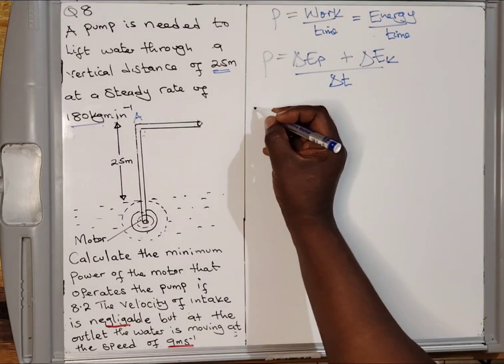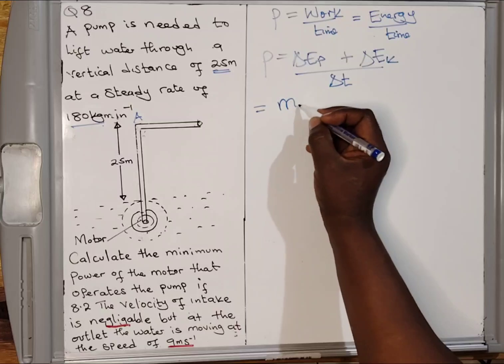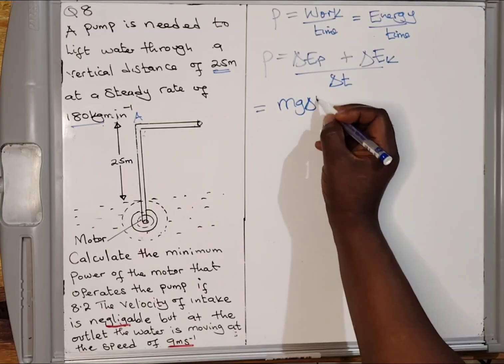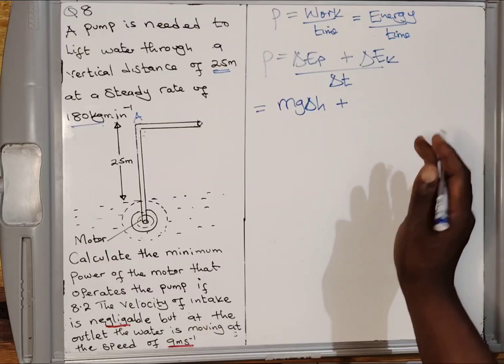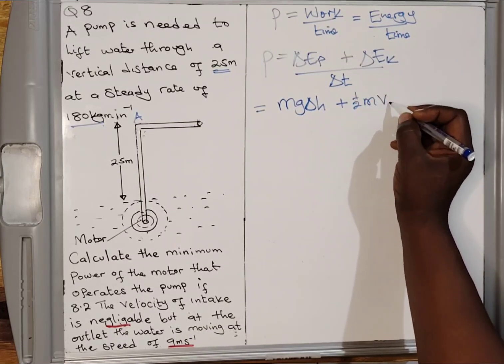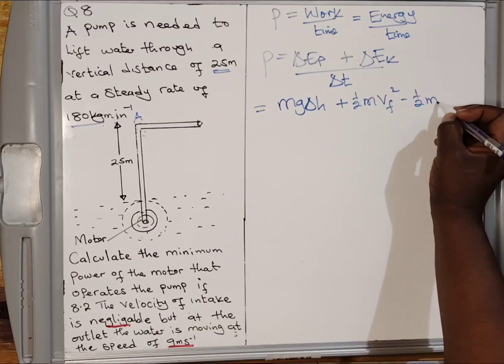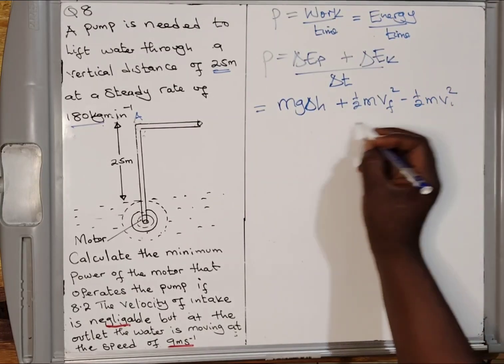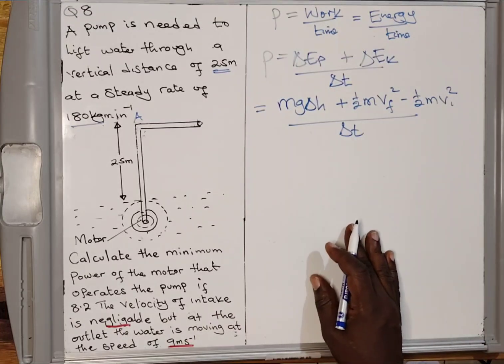So when you expand this, what do you get? We know that delta EP is mg delta H. And we know delta EK is what? It is a half m v f squared minus a half m v i squared. All of it over delta T will give you power.